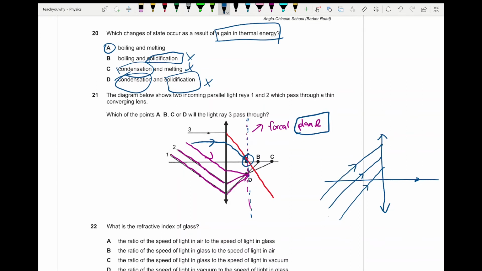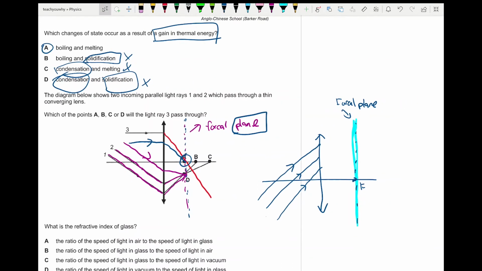And then this is my F. Therefore, this entire thing is what we call the focal plane. Focal plane. Don't confuse it with focal point. This is focal plane.